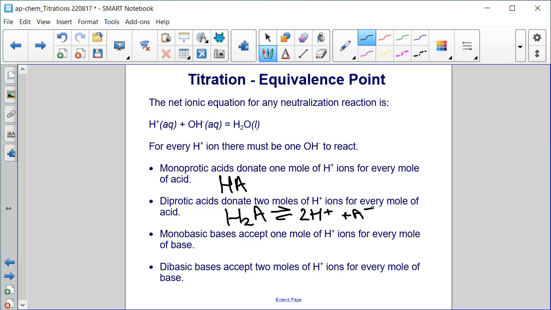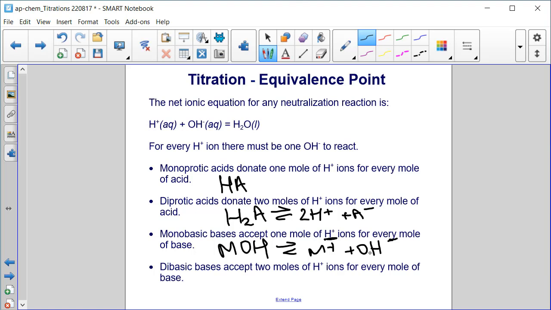Now, monobasic bases. So a monobasic base would be something that has a metal ion and a single hydroxide. They can accept 1 mole of hydrogen ions for every mole of base. And why is that? Because we have the metal ion and 1 hydroxide, so we can accept 1 mole of hydrogen ion in the formation of water.